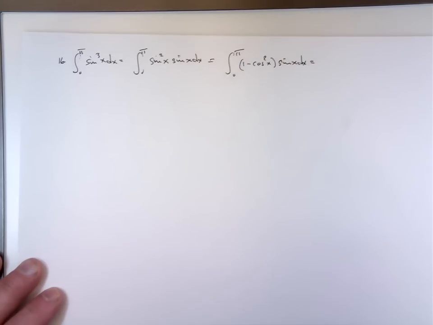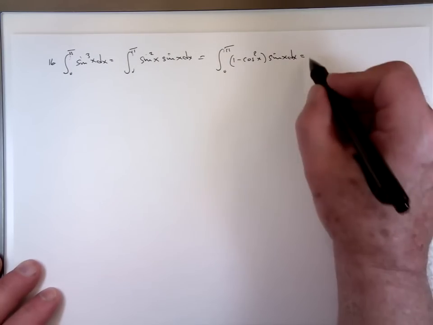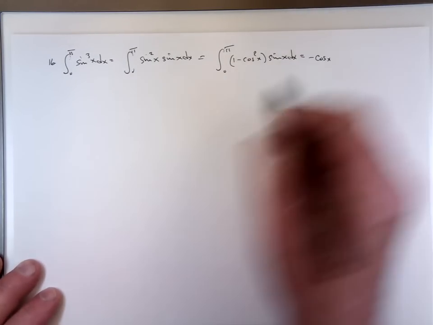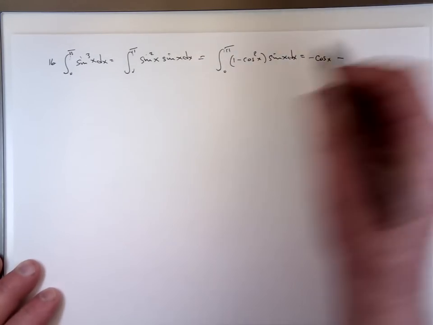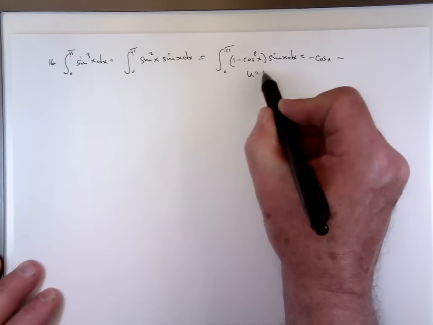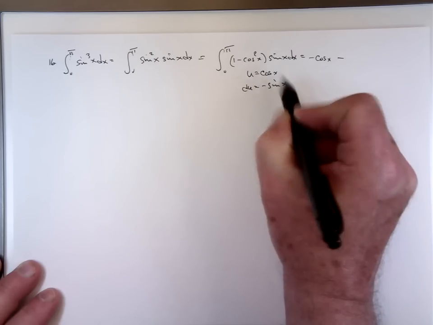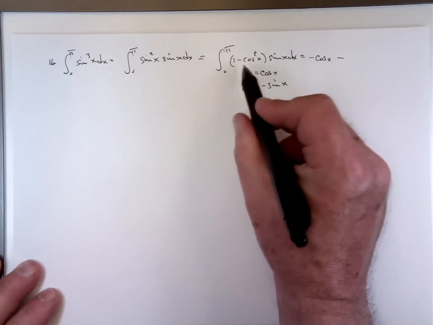Now, you've got two integrals here. The first integral is the integral of sine, which is a negative cosine. And then you have a minus cosine squared sine. That's a u to the n form, where u is cosine, and the du is a negative sine. So you got to get a negative sign here. Well, you got a negative one out here.